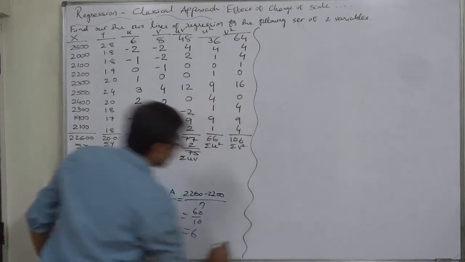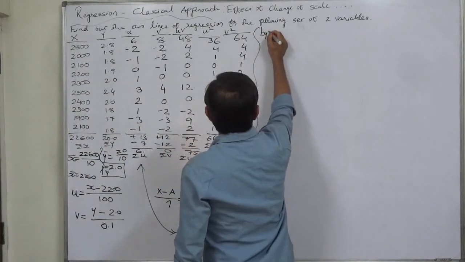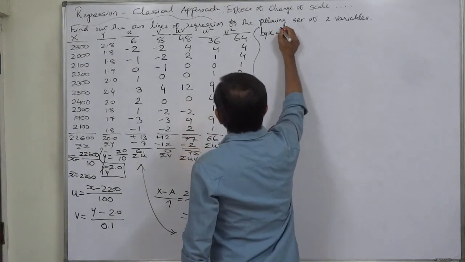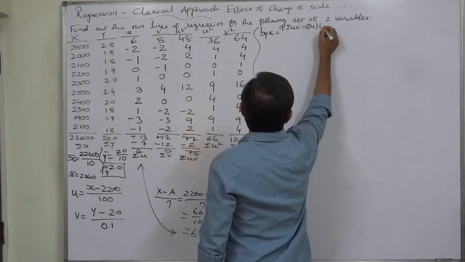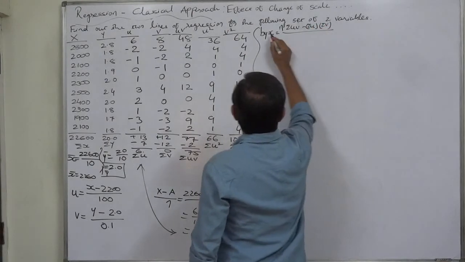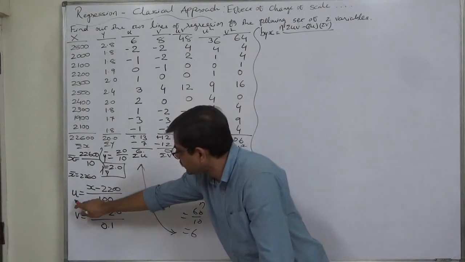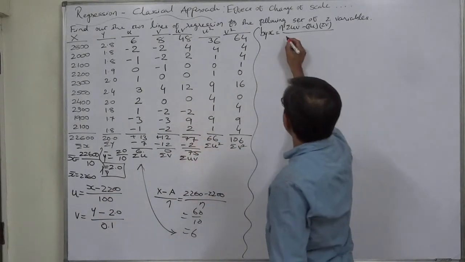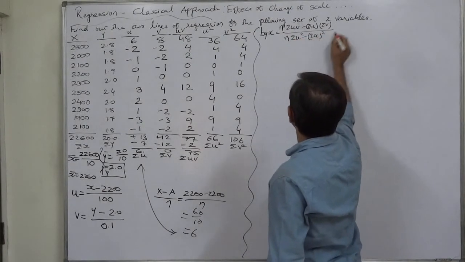Now the coefficients of regression, first of all, let us take byx. n sigma uv minus sigma u into sigma v upon, since x is the independent variable and u represents x, n sigma u square minus sigma u the whole square.